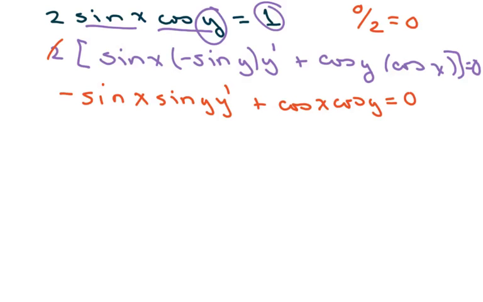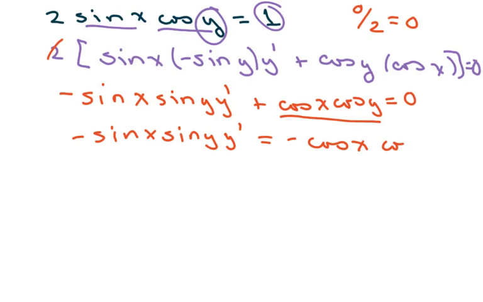Okay, now I'm going to go ahead and move over the cosine part. So when I move that over, I'm going to get negative sine of x sine of y times the derivative of y equals negative cosine of x cosine of y.